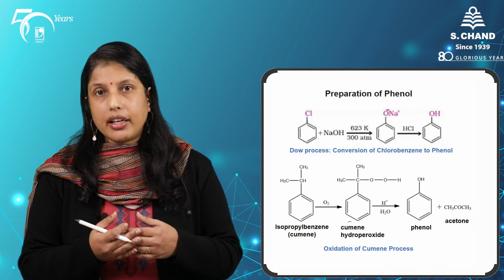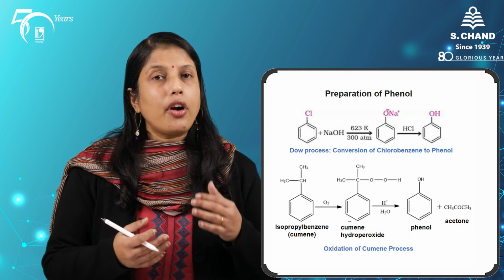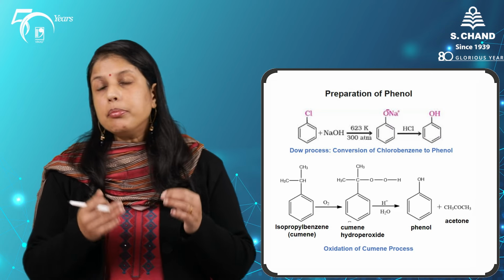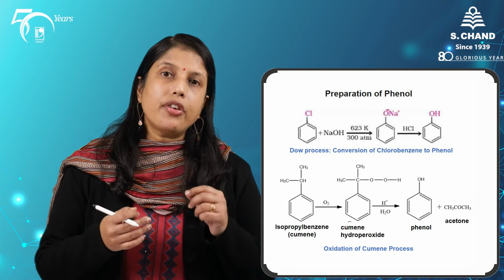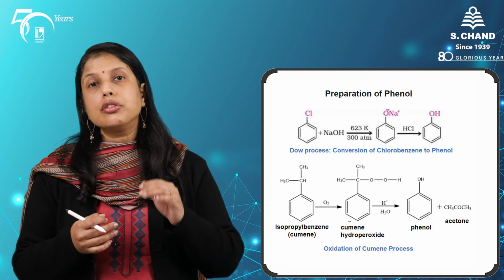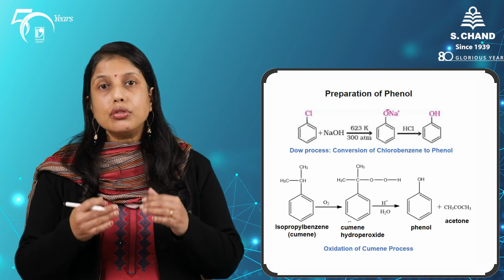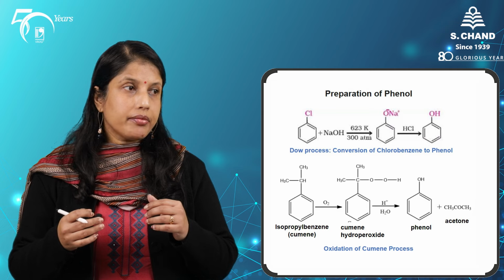Now, coming to how these phenol molecules are prepared. Most of the phenols which are used today are prepared from benzene, either by the hydrolysis of chlorobenzene or from the oxidation of isopropyl benzene, also known as cumene.